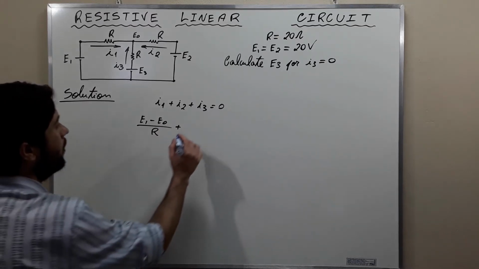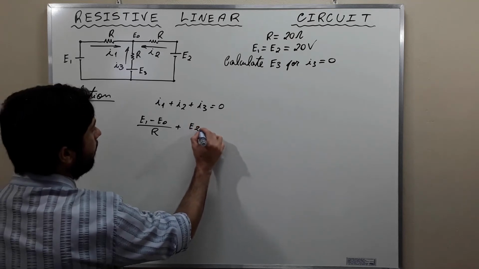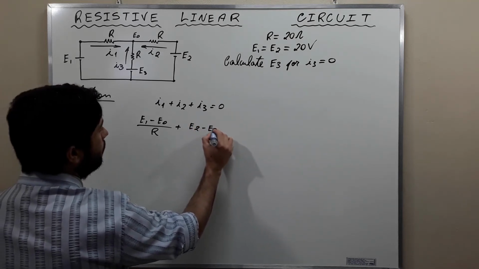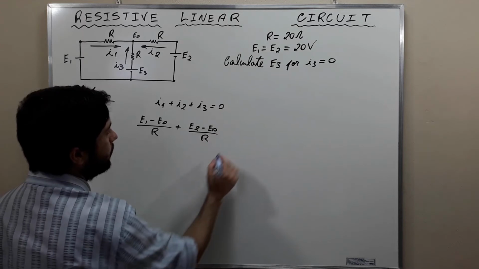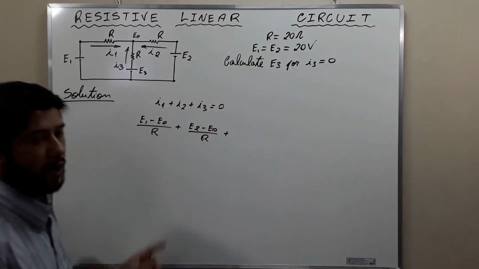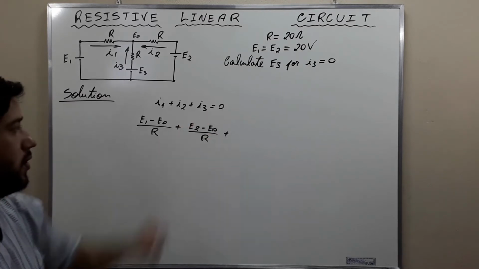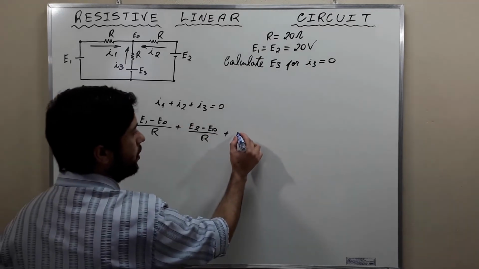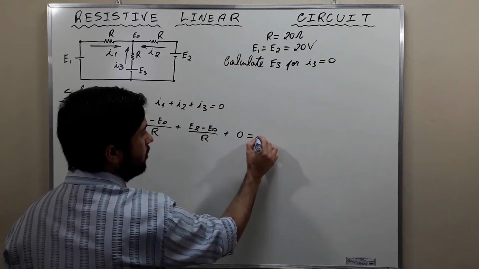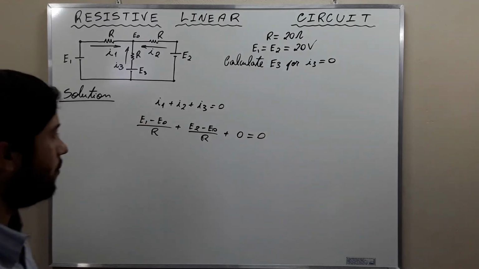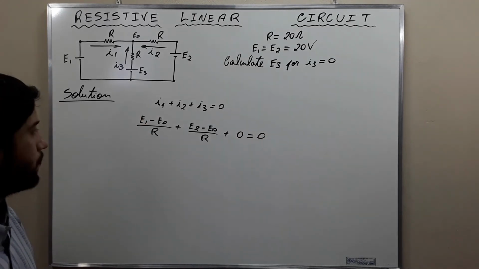I2 is E2 minus E0 divided by R. And who is I3? I3 we wish to be 0. Then we're going to use that I3 is 0 and the sum has to be equal to 0. Alright.